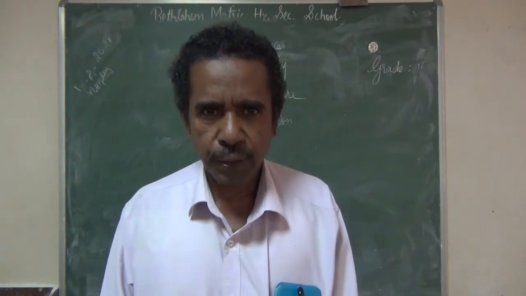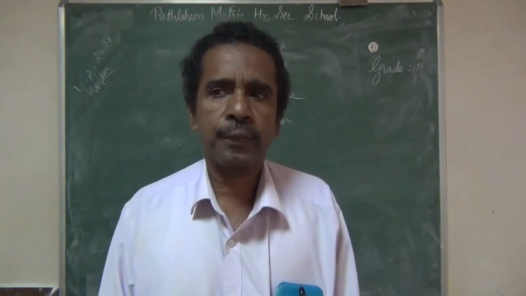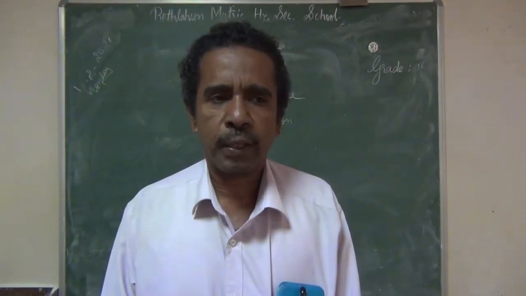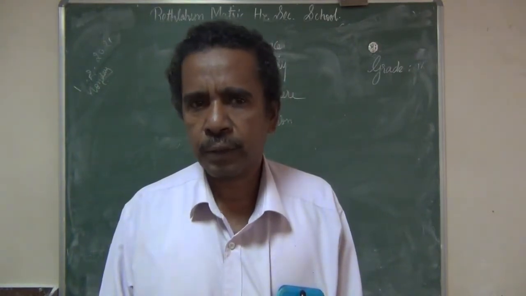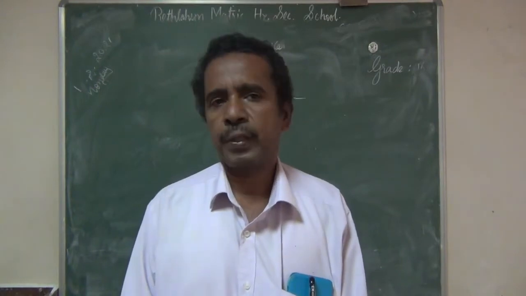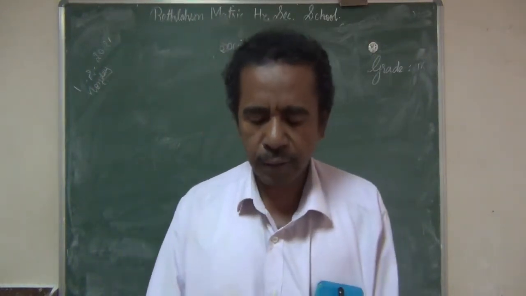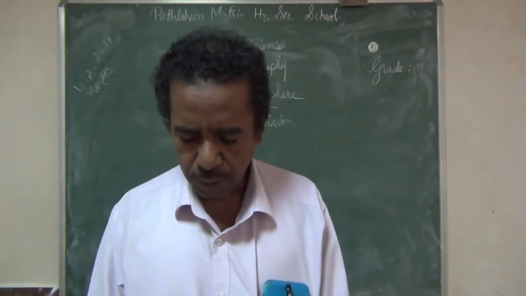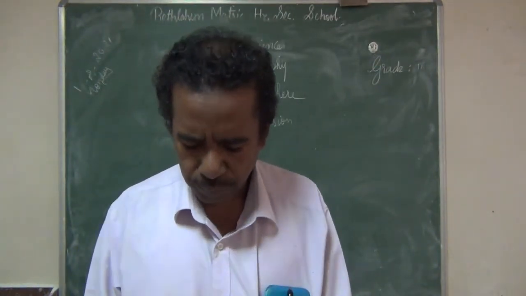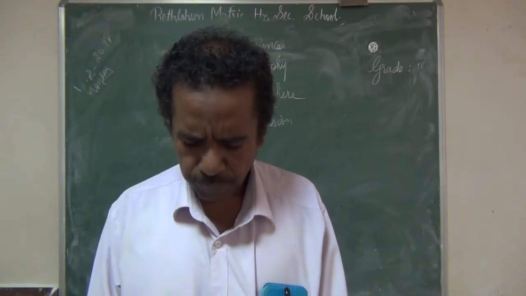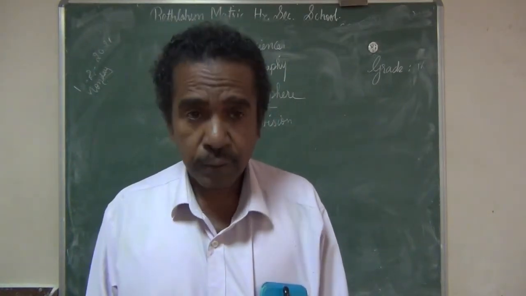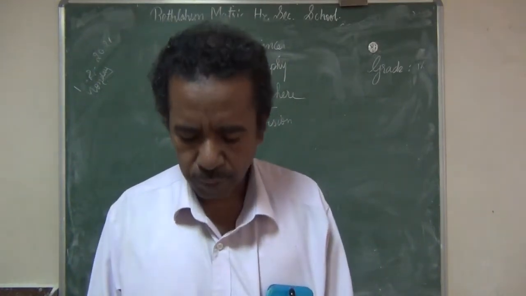The earth has two parts, that is northern hemisphere and southern hemisphere. The globe is divided into northern hemisphere and southern hemisphere. The northern hemisphere is known as land hemisphere, and the southern hemisphere is known as the water hemisphere.